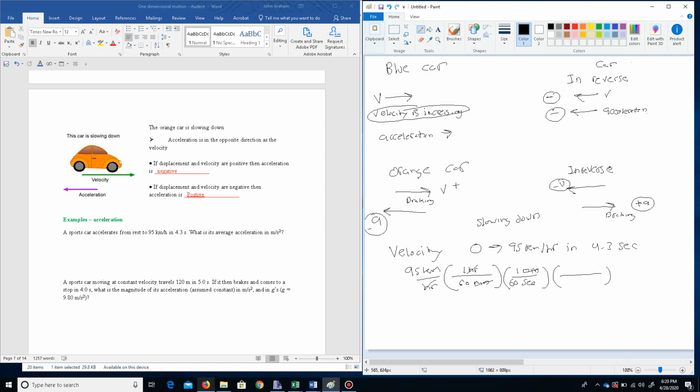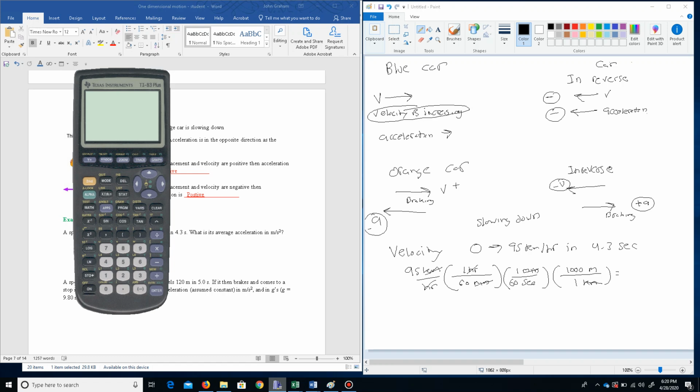And then in 1 kilometer, we have 1,000 meters. So the kilometers cancel. All right, so 95 times 1,000 divided by 3,600. And we get 26.4 meters per second.